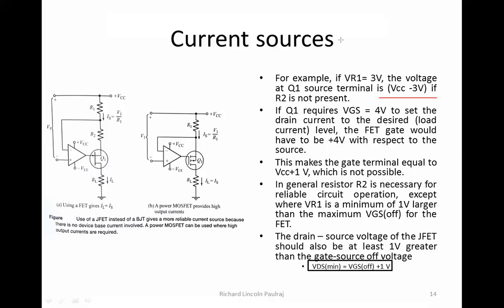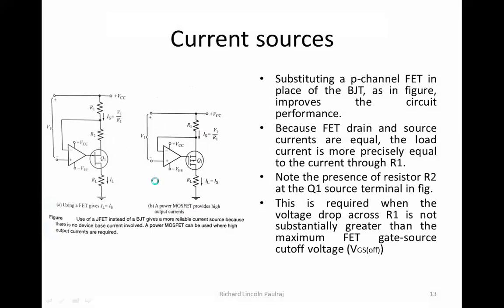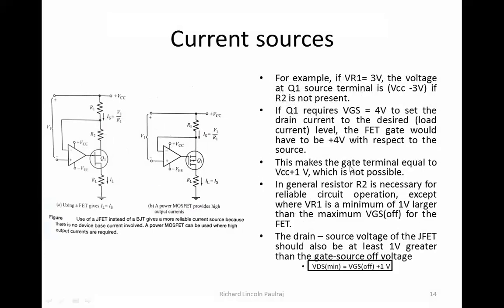If you can recall, let us just go back. Here for the BJT, we had given IL RL plus 3 volts, so the voltage across this load VL plus 3 volts. So the same concept we are applying here for our FET.